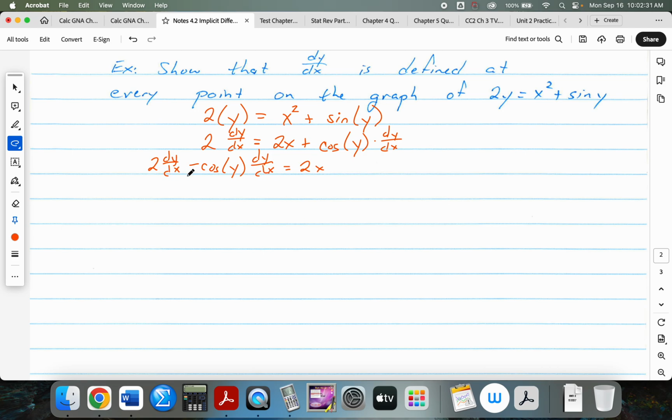If I factor out the dy/dx from both of those and divide by 2 minus cosine y, I get that dy/dx is 2x over 2 minus cosine of y.